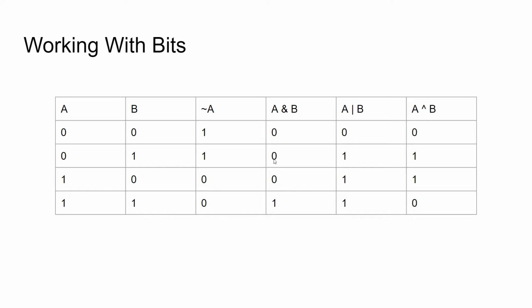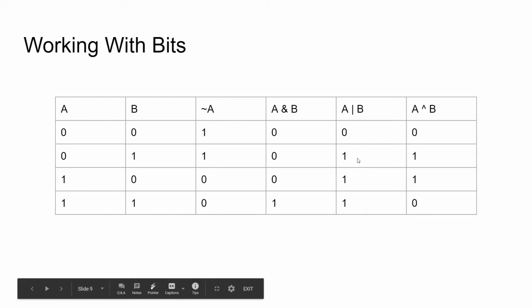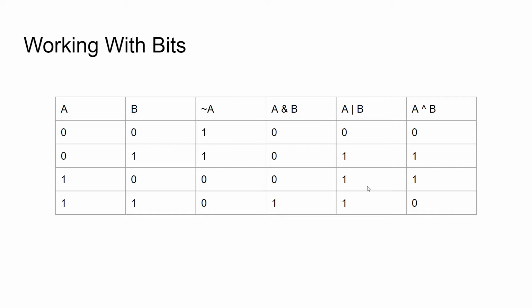So true here, false for the rest. A OR B is true if either A or B is true. A OR B is both false here, so false. B is true, A is true, both true. So true, true, true. And then A XOR B is only true if exactly one of them is true. So 0 or 1, exactly one true. 1 or 0, exactly one true. Both true, false. No trues, false.